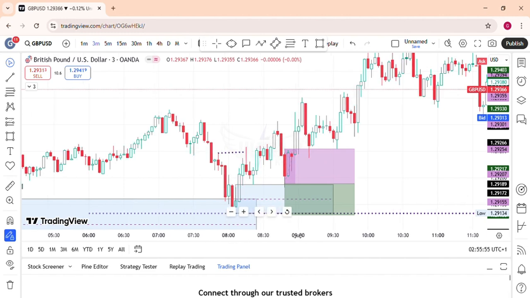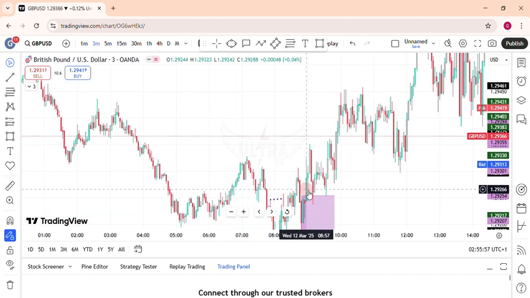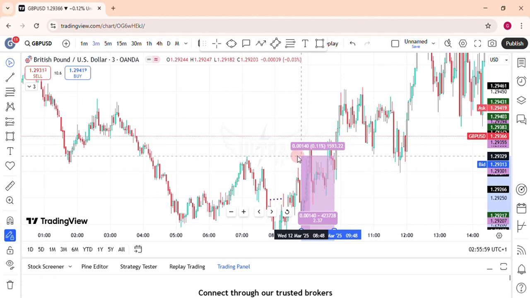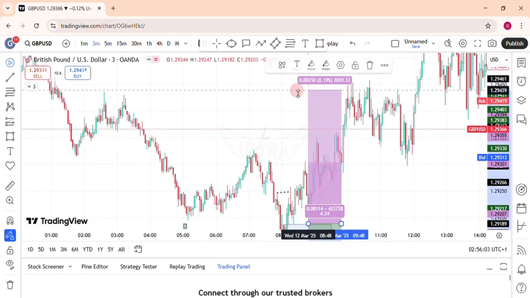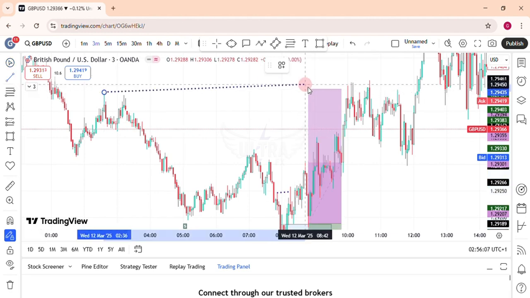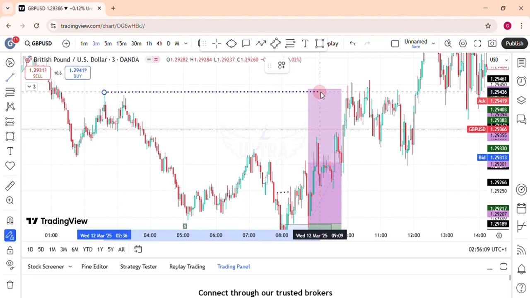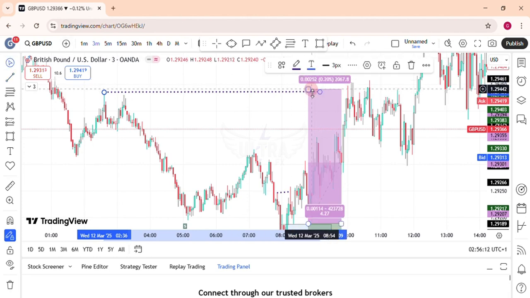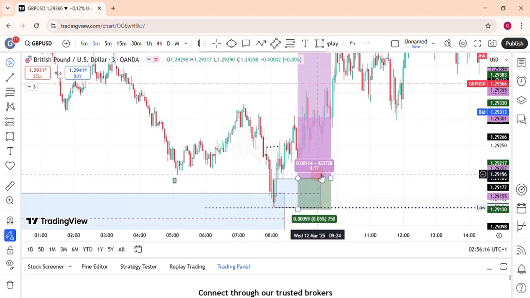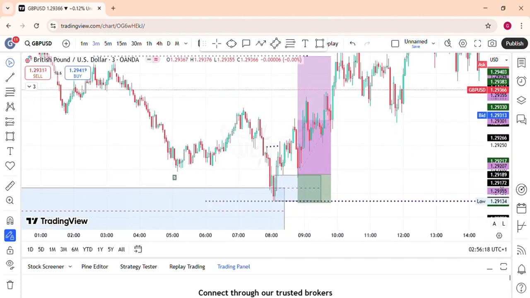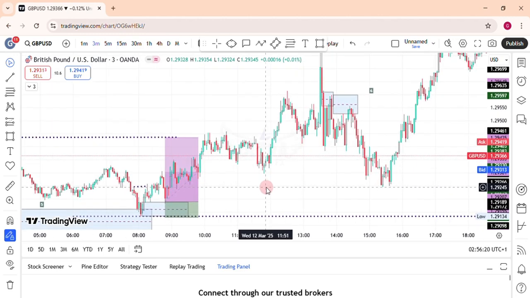Your take profit should be above this high right here, or you can actually take your profits here. And this take profit should be a risk to reward of 4.1 ratio. So that is our number 5 trade.